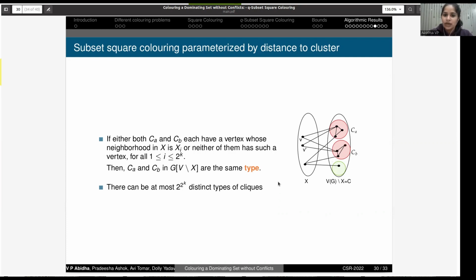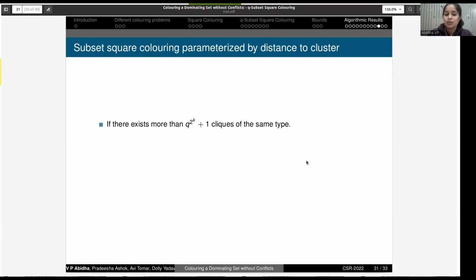Now we don't need to keep all cliques of the same type. If there exist more than q power 2 power k plus 1 cliques of the same type, then we can delete all but q power 2 power k plus 1 of them. Now we bound the number of vertices in the cluster graph.